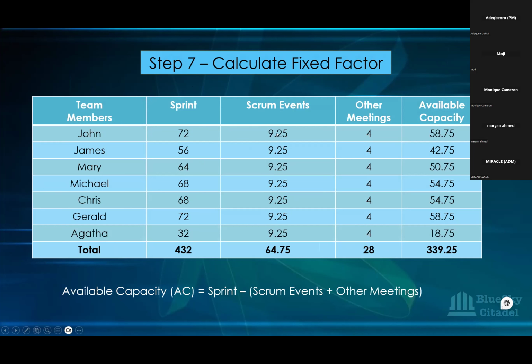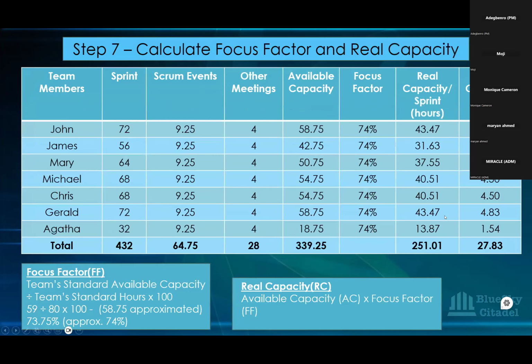When we add these together, you have 13.25. Then when you deduct 13.25 from each of these, this is what it comes to. Even if you use the total, that's what you're still going to get. So now you have their available capacity. After removing the Scrum event time and the other meeting times, you have their available capacity here. It gets more interesting as we go along.